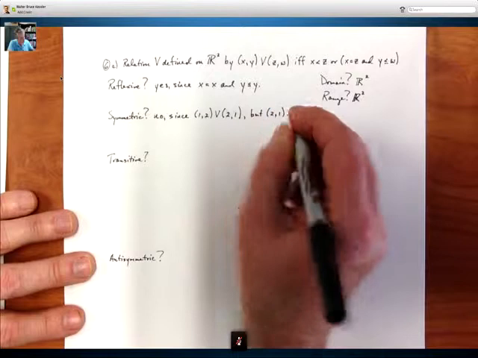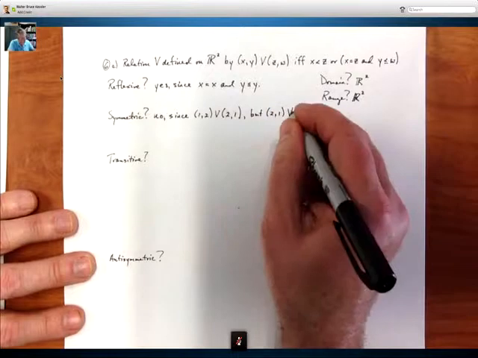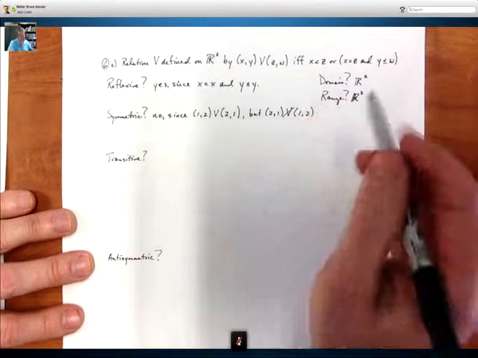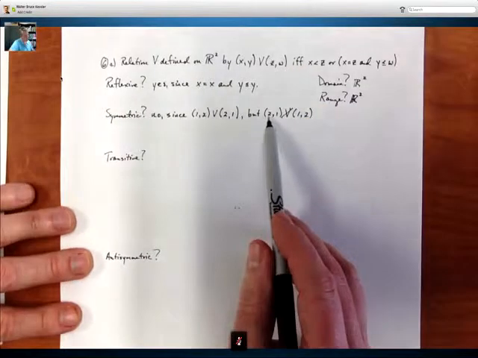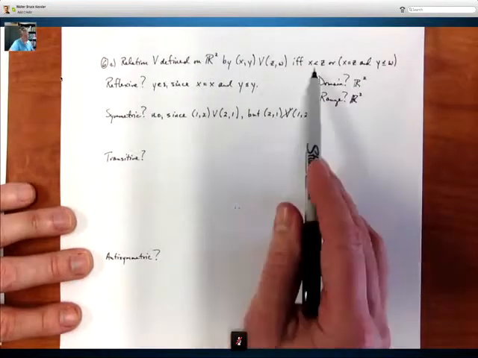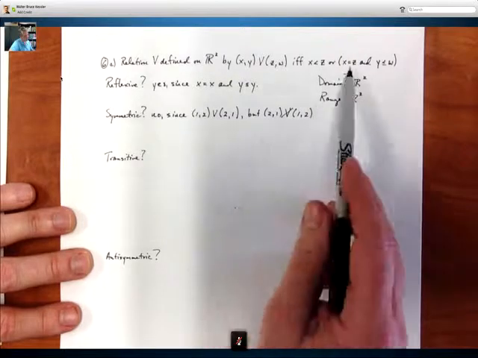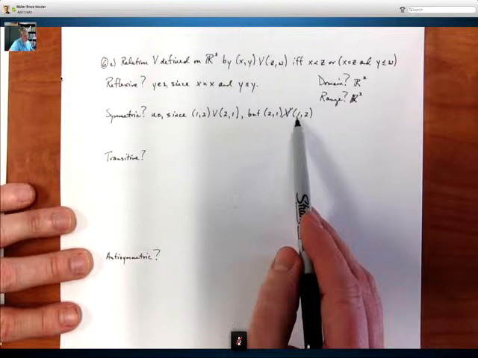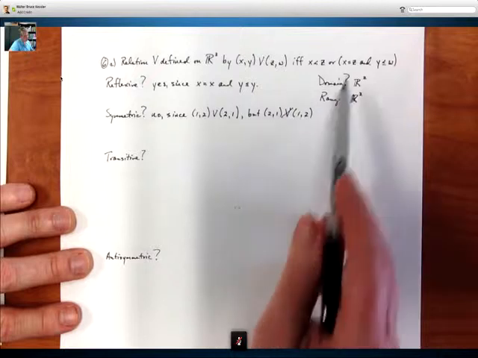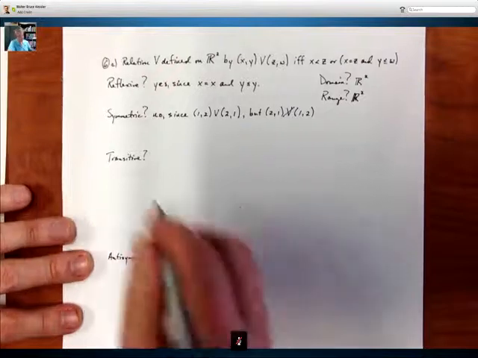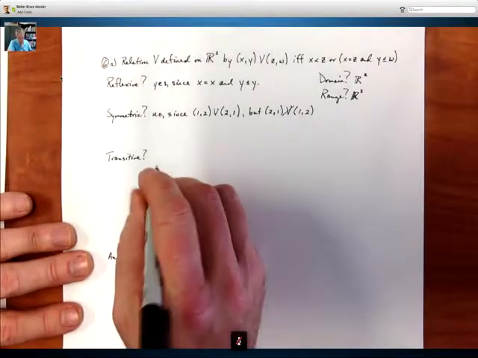But 2, 1 is not going to be related to 1, 2. Right? First of all, 2 is not less than z, and then it's not equal. 2 is greater than 1, so that blows it up. Okay?